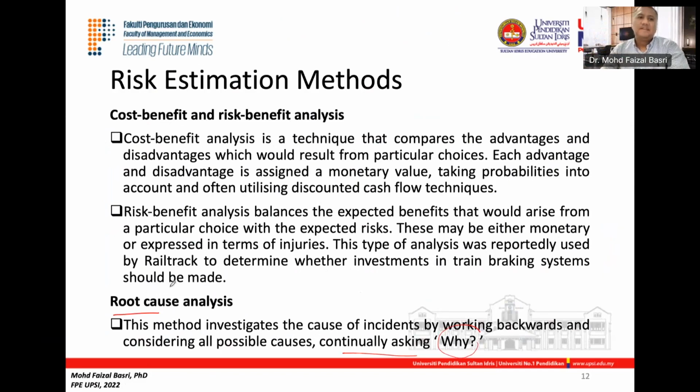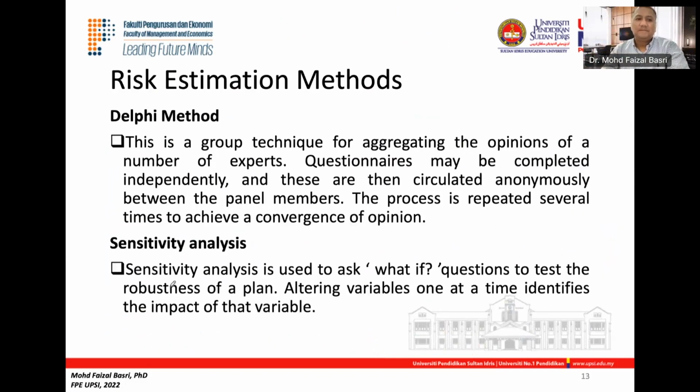Okay, so this is another estimation method that can be used. This method is quite technical. They are using questionnaires and they will be circulated to panel members, and this process will be repeated several times in order to achieve a convergence of opinion.